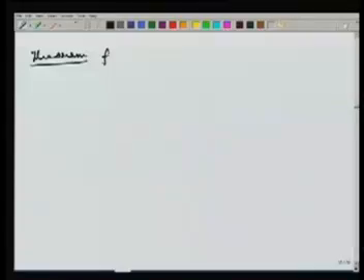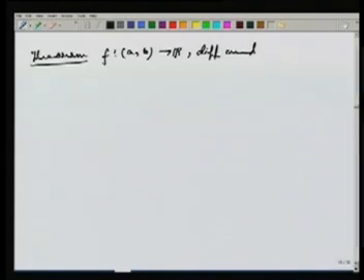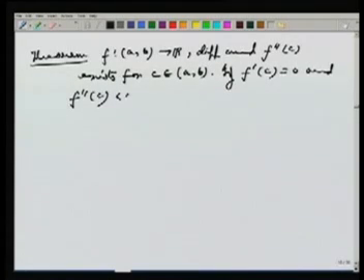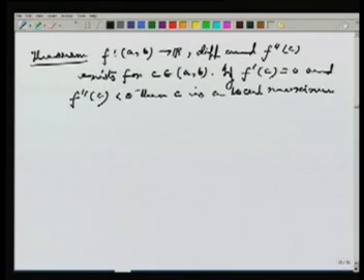So let f be from (a, b) to R again, differentiable, and if f double prime of c exists, if f prime of c is equal to 0 and if f double prime of c is strictly less than 0, then c is a local maximum for f.